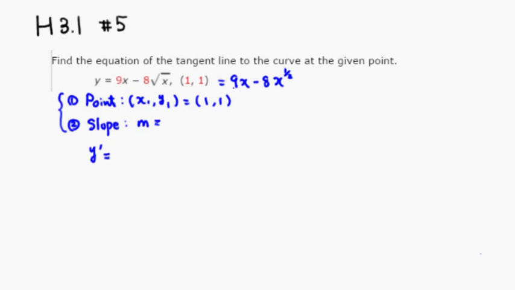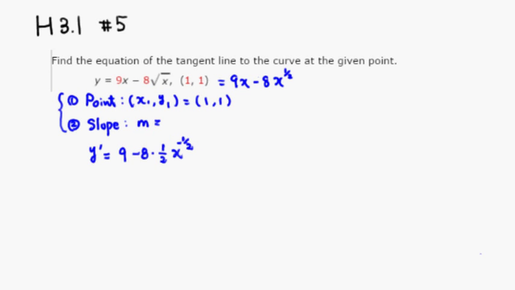So the derivative of 9x would be just 9, and the negative 8, just leave it there. Put 1/2 in front, use the power rule, and subtract 1 from the power, so negative 1/2.